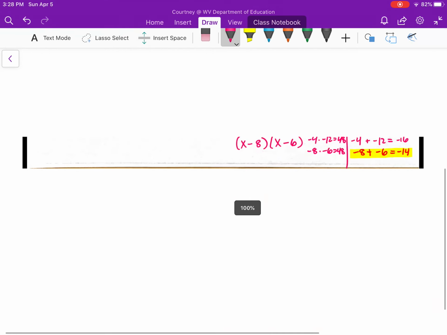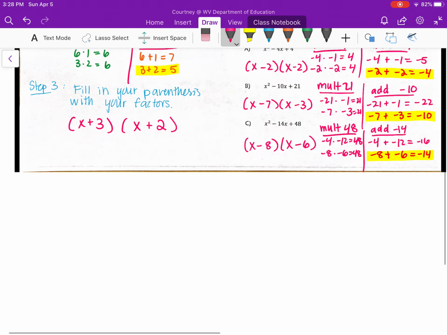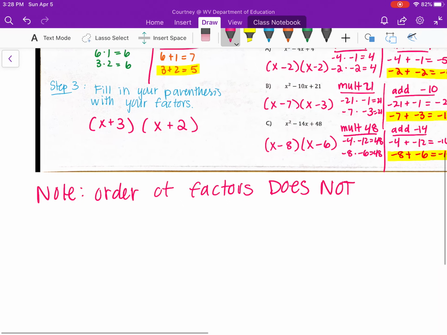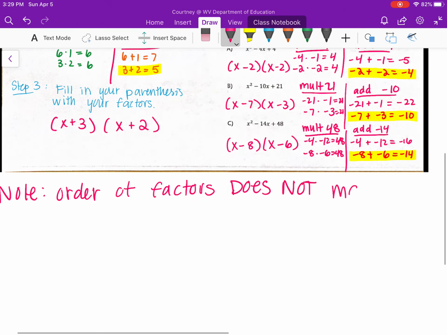There's one more thing I want to note before we stop our notes for the day. And that note is that the order of the factors does not matter at all.